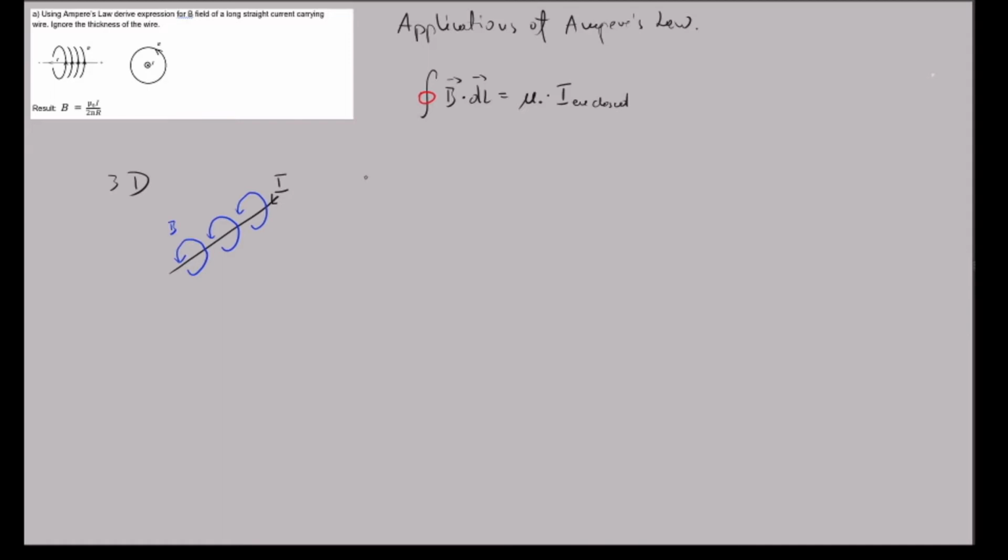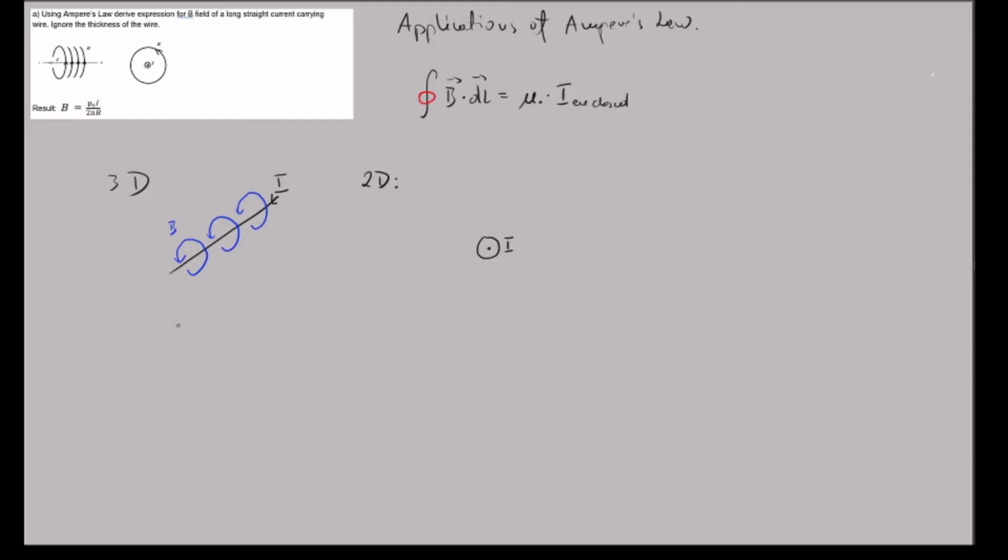Now in 2D, your picture would look like this. The current comes at my face, and so I would draw it like this. Let me put it somewhere else because I think I might need a bigger picture. So here's a dot. Here's the actual current I. This is a symbol of something coming at me out of the page.